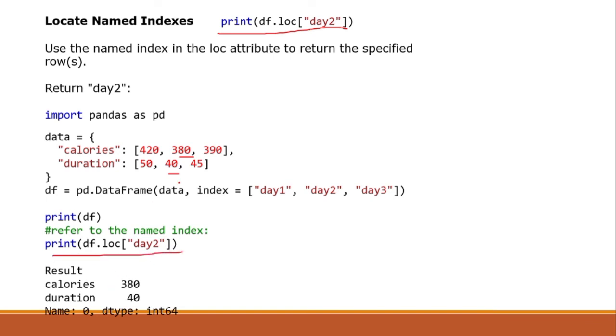Day 1 has 420 and 50. Day 2 has 380 and 40 as calories and duration. Day 3 has the last one. So this is called locating with the named indexes in a data frame, in our library pandas, which we are importing and calling pd.